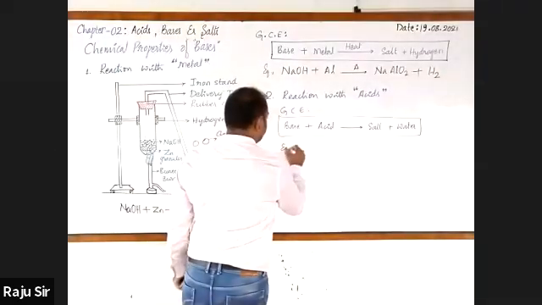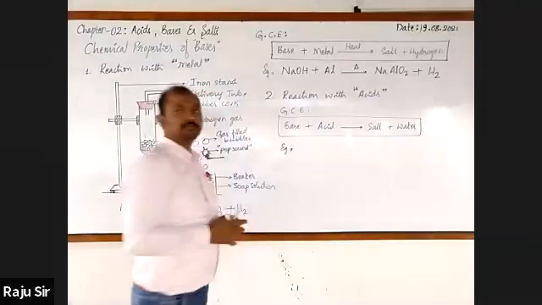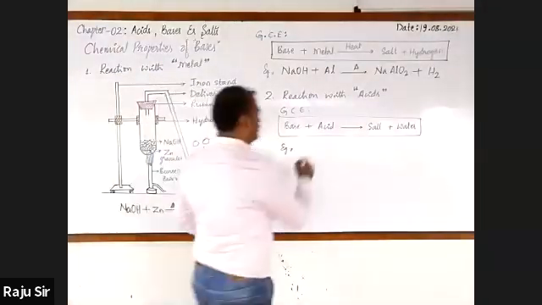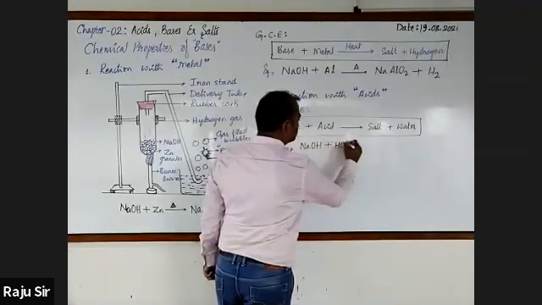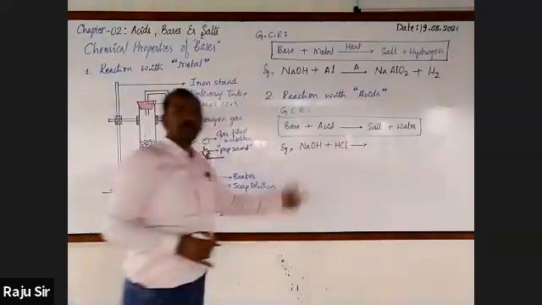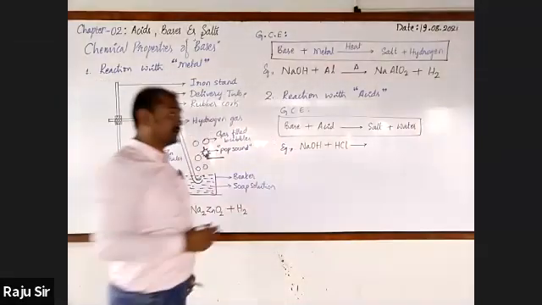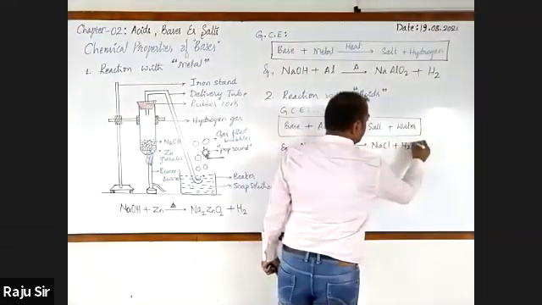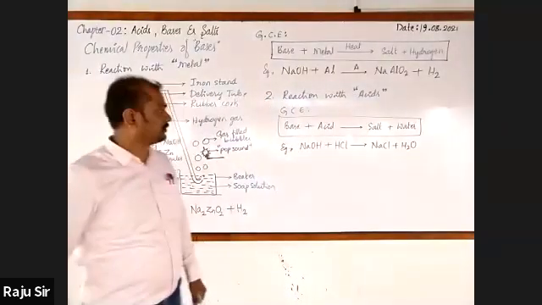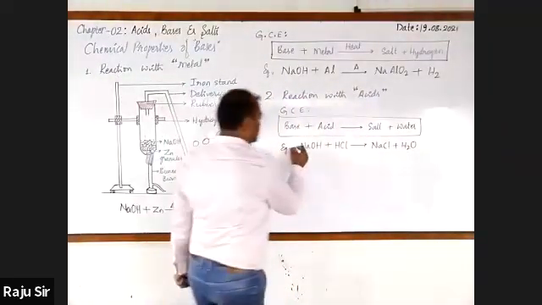Let me give a few examples. First, the base is NaOH and the acid is HCl. Name the salt that is produced. NaCl plus water is produced.